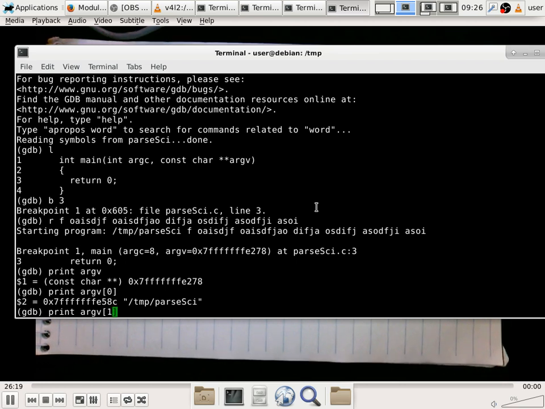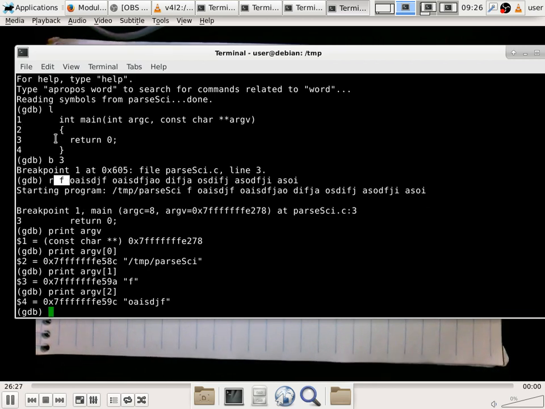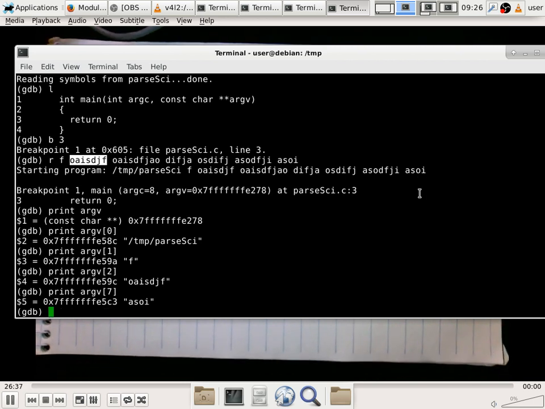Okay, so we'll take a look at ARGV1. That's F, which is the first argument. And this is the second one. And you can probably imagine the last one, which is ARGV7. Here we go. So this is how we can get to the individual parts of an argument in main, which definitely can come in handy.